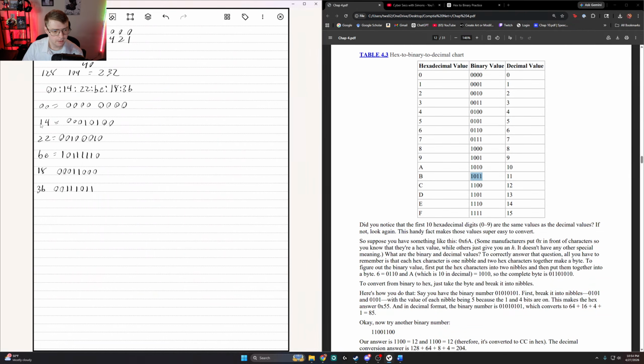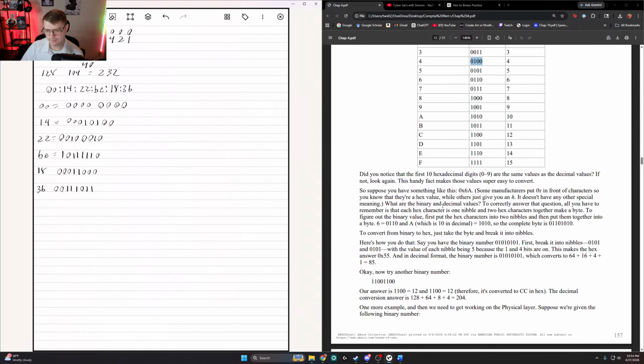Our next one, we have the nibble for 1, which is 0001, and then our nibble for 4, which is 0100. So those two nibbles together make a byte, and so on. So that's what it would look like if we were to convert Bob's MAC address into binary.